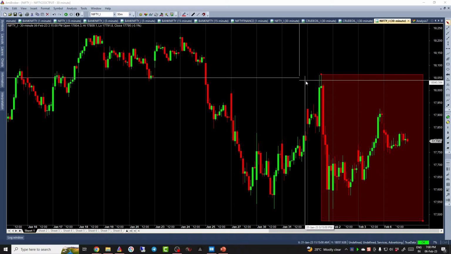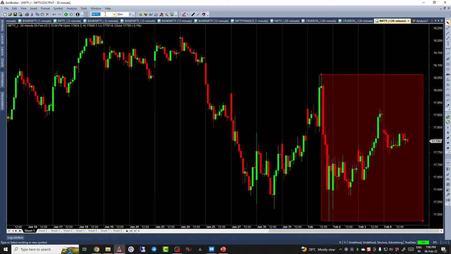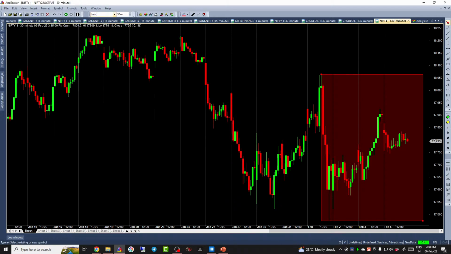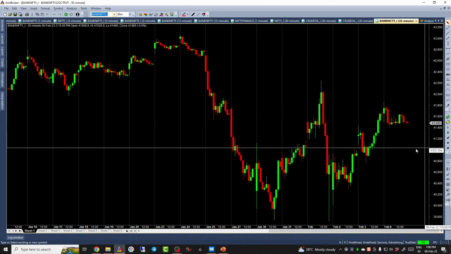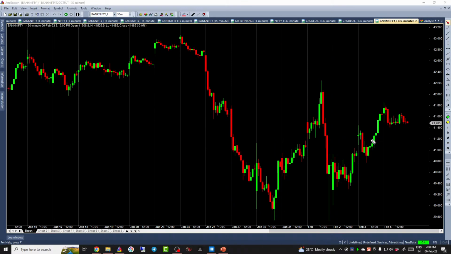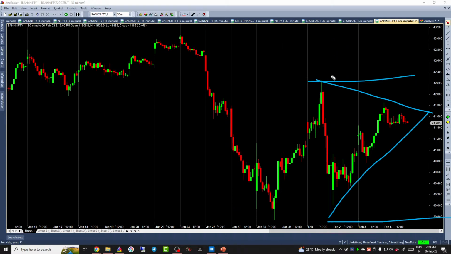The second instrument is Bank Nifty. As you can see here, it is also the same context, almost the same pattern. Presently the market is trending in this particular triangle, and we have two ranges which have created volatile movement in the market.